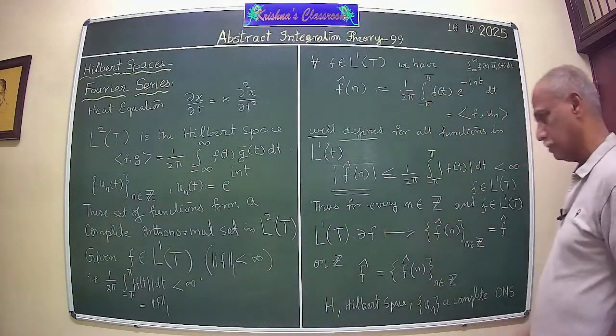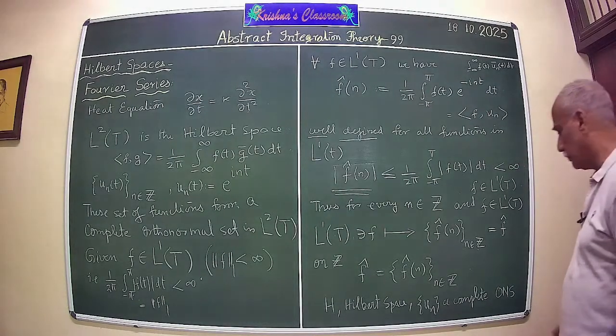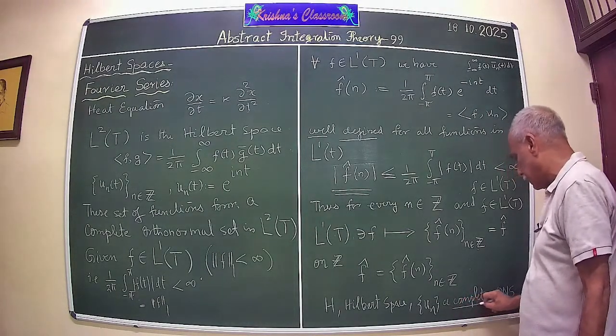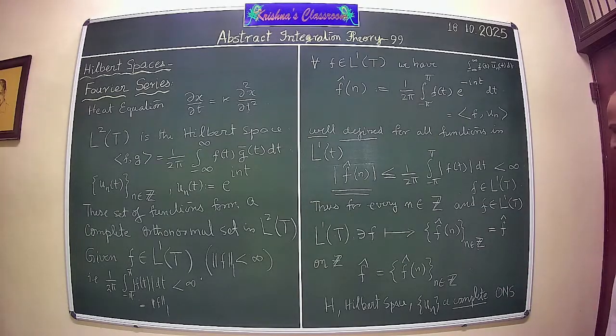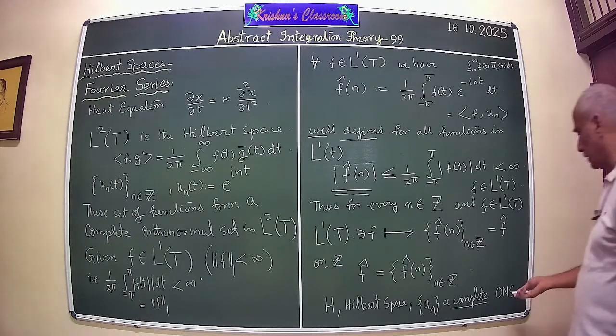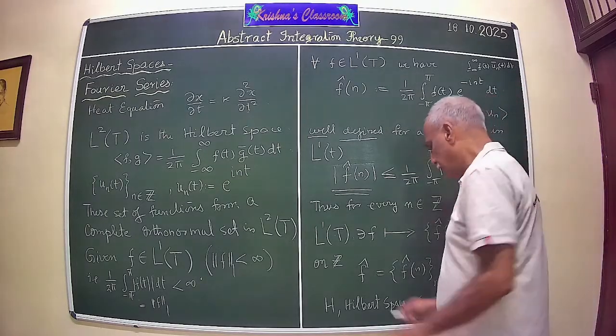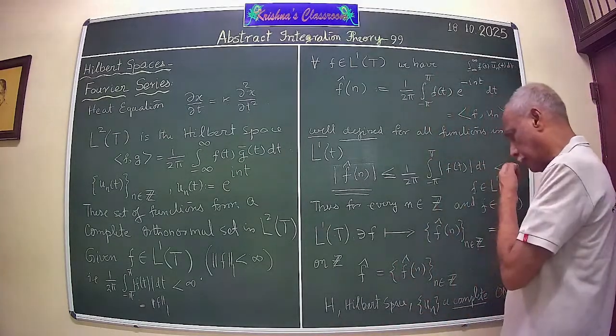That is not possible. Okay, so it's an analogous terminology that you have for maximality, there is the complete. So you call it a complete orthonormal set if it is a maximal orthonormal set.